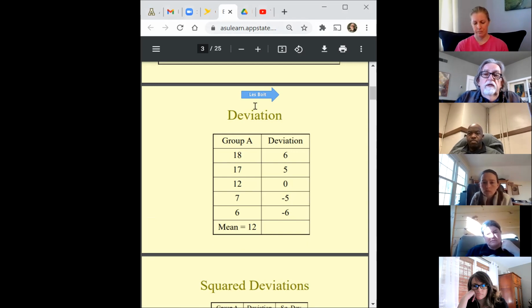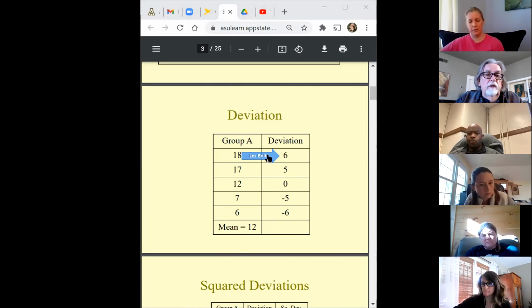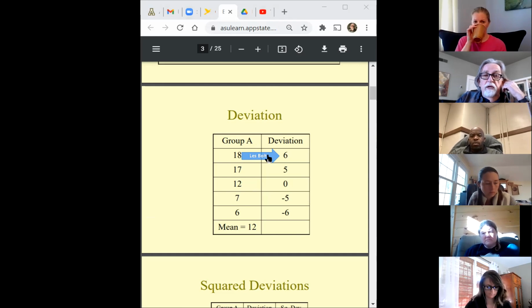So 18 is 6 above the mean, 6 is 6 below the mean. This one's really symmetrical, but even if they're not symmetrical, deviation scores always sum to 0, which is an interesting, not terribly complex fact, but it makes it difficult to work with that data for any sort of purpose. And so what we do is we square those deviation scores up.